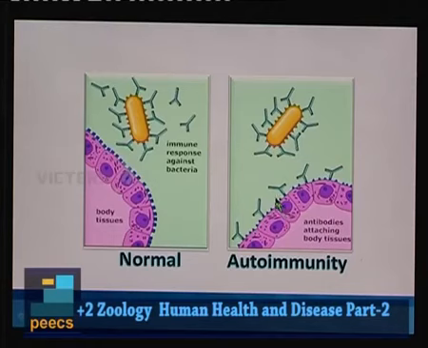But in the case of autoimmunity, in the abnormal situation, antibodies are attaching on the body tissues and the body tissues are also destroyed. So, this is a very serious case of immune system disorder and we call it autoimmunity.